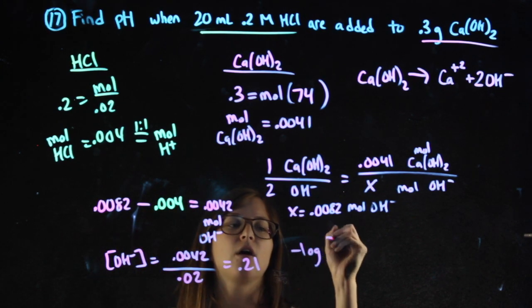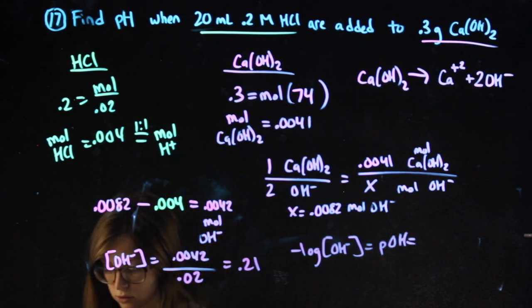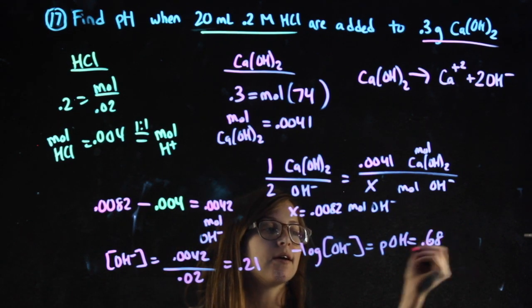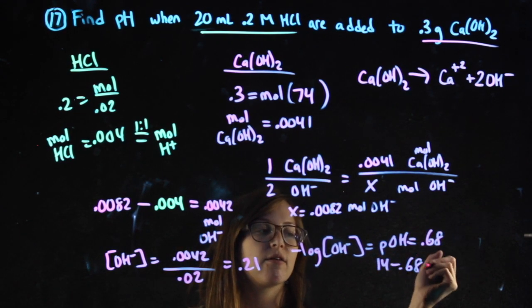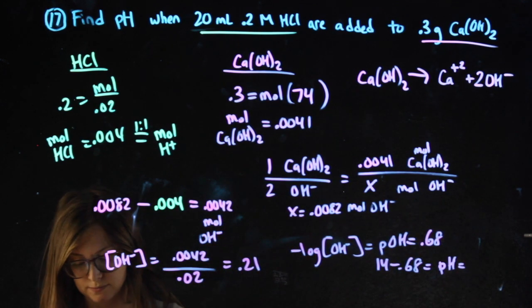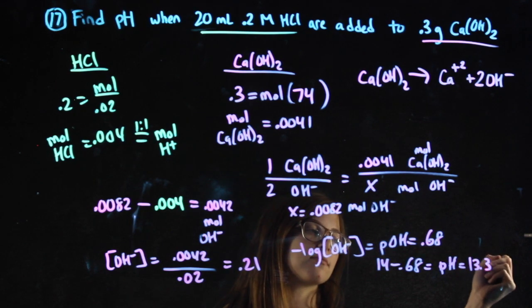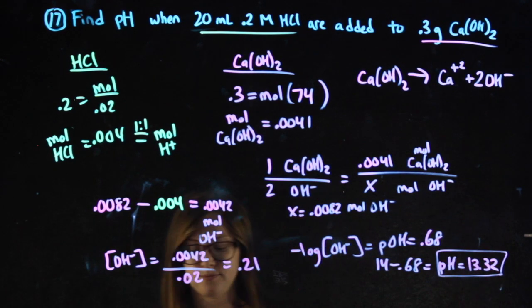If I negative log my OH molarity, I will have my pOH, 0.68. If I subtract that from 14, I will get my pH. And I'm done.